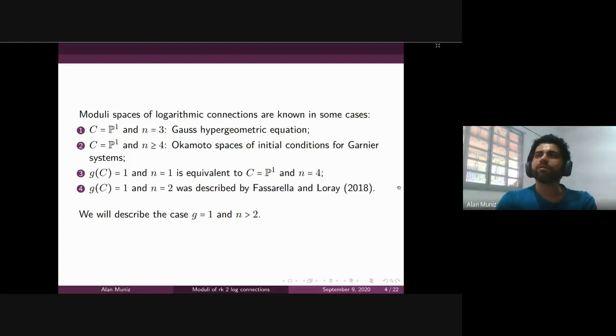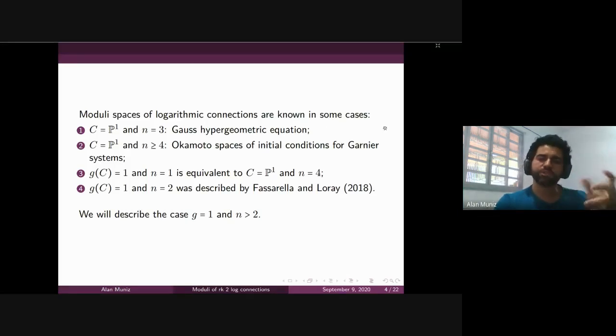Well, some cases are known. For instance, if we take the curve to be P1 and the divisor is of degree 3, then we have 3 poles. The moduli space has exactly 1 point, which corresponds to the Gauss hypergeometric equation with some fixed parameters.